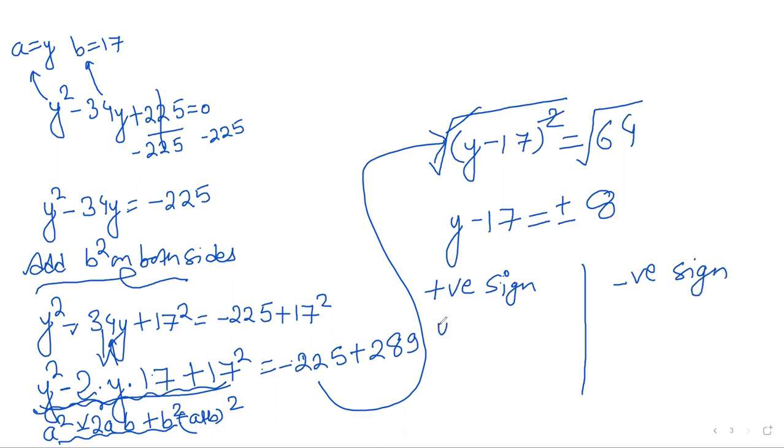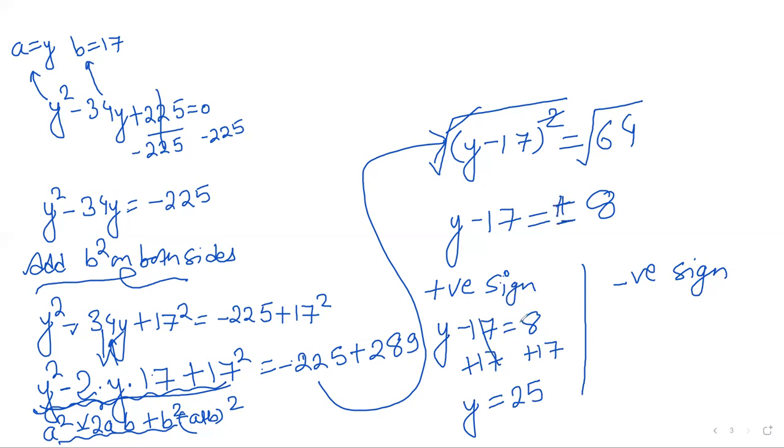So if you take positive sign, you will get y minus 17 is equal to 8. So you add 17 on both sides, and you end up getting y equals 25. Now if we take negative sign, so positive and negative sign means this. Once you take positive 8, another time you take negative 8.